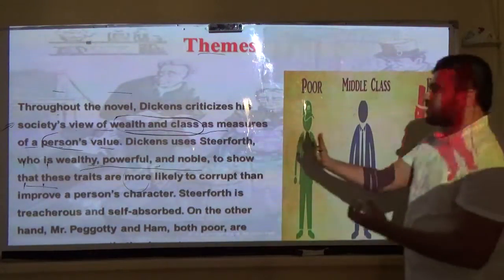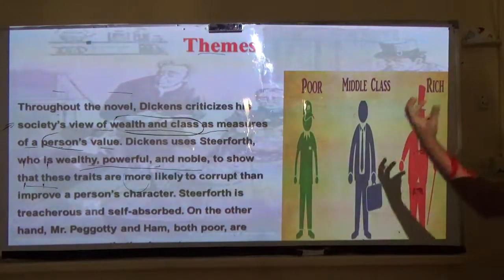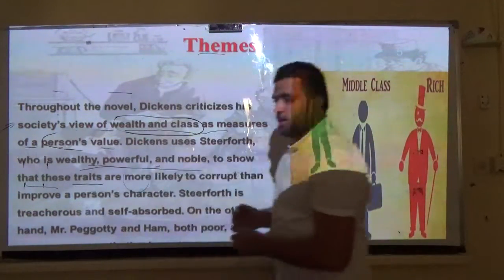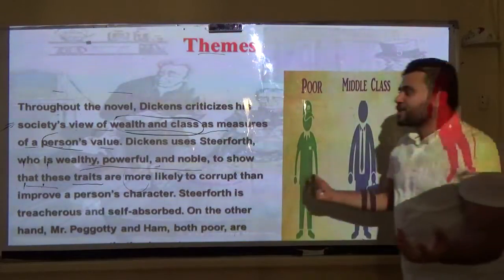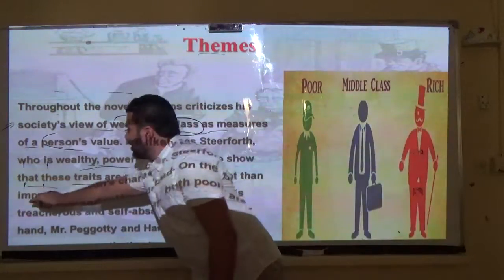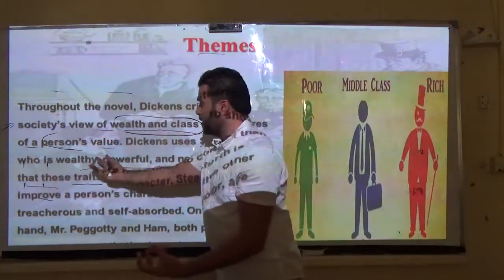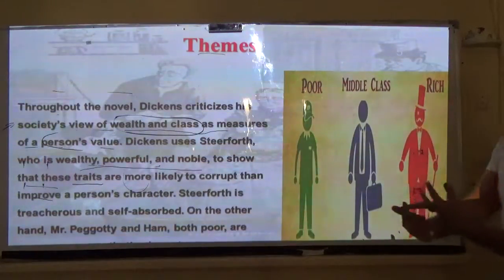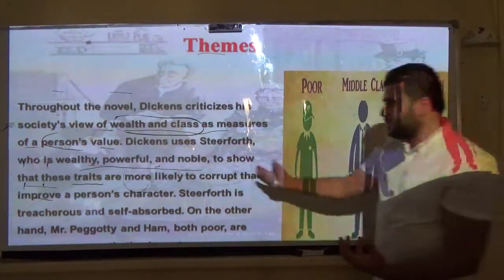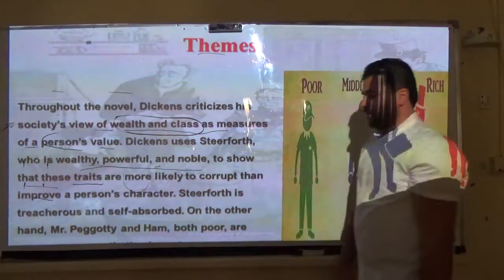Steerforth was wealthy, powerful, and noble to show that these advantages are more likely to corrupt a person than to improve their character. Corrupt here means to make someone bad.